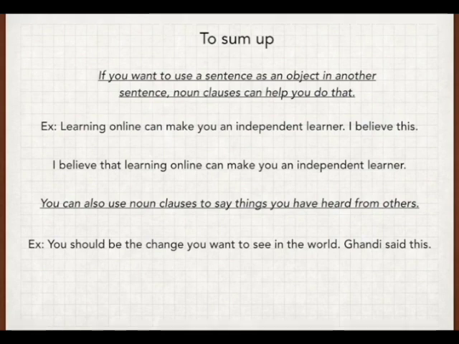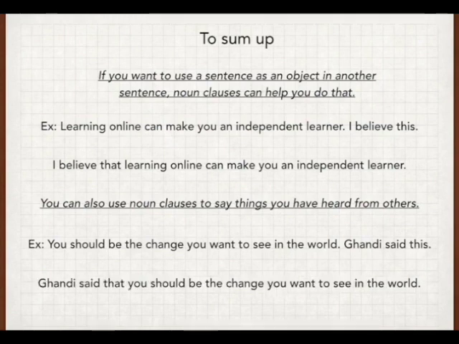This is what Gandhi said. I can combine these two sentences with a noun clause. For example, Gandhi said that you should be the change you want to see in the world. So Gandhi is the subject, said is the verb, that you should be the change you want to see in the world is the object, and that is a noun clause.